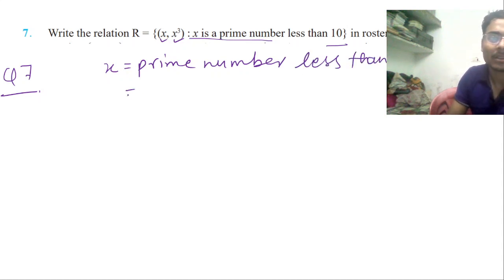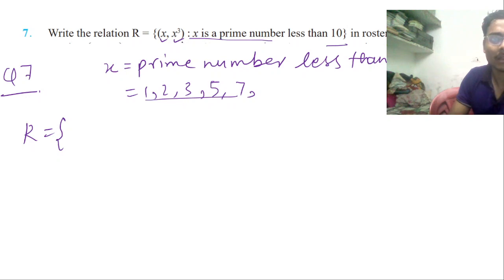What are the prime numbers less than 10? 1, 2, 3, 5, 7. 5, 7, and 6 is not, 8 not, 9 not, 10 not. Okay, so this is the only possible value of x here, and we will have to write the relation.